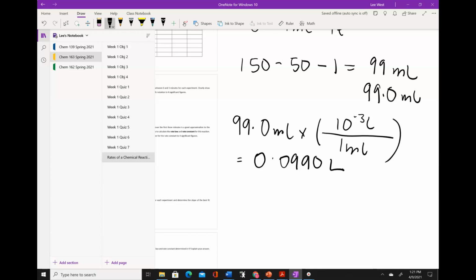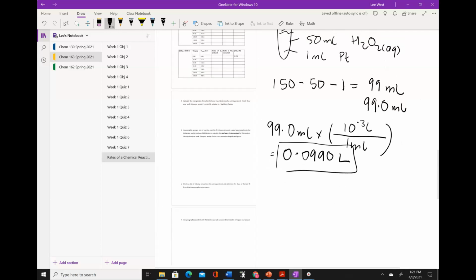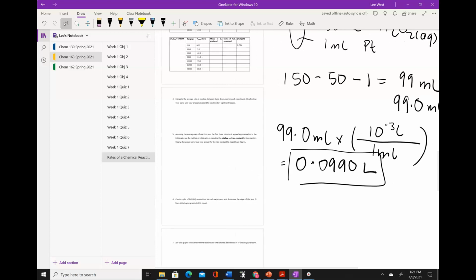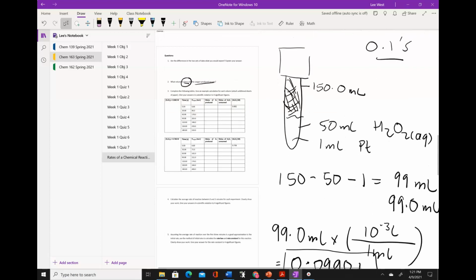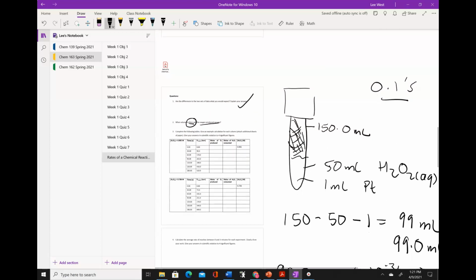Leading zeros never count. Trailing zeros count when your number has a decimal point. Non-zeros count. So there's my answer. So that's the amount of space that the oxygen can occupy above the liquid. So we're doing good. We got 1, 2 out of our 5 questions complete.